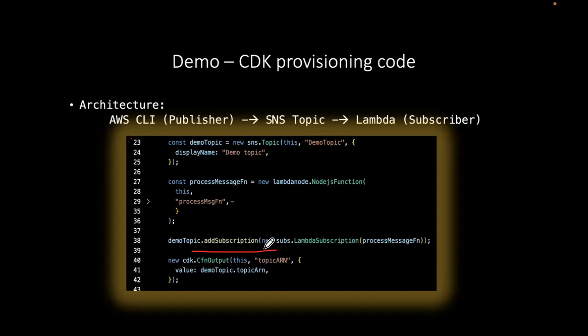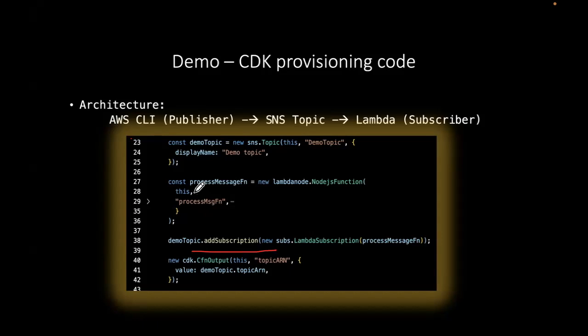This line here is essentially creating the subscription resource to complete the chain, to complete the connection between the subscriber and the topic. And there's lots of configuration that you can do on a subscription. We're not doing any here, but for example, it's where you would specify the filtering that you want to have performed.